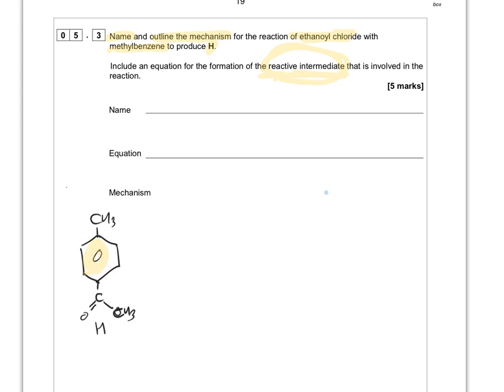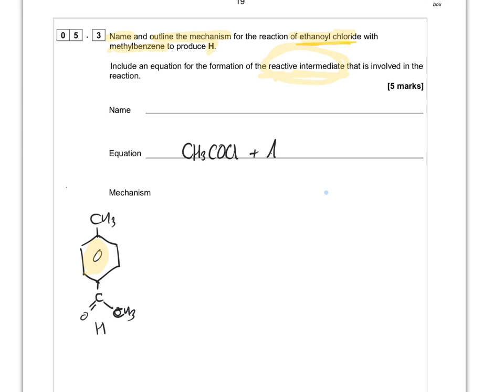So we need to show the formation of the electrophile, and the electrophile must have a positive charge. So that is when ethanoyl chloride reacts. So to get the intermediate, we've got ethanoyl chloride, which is CH3COCl.